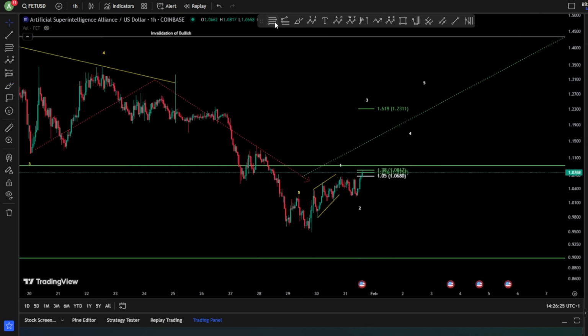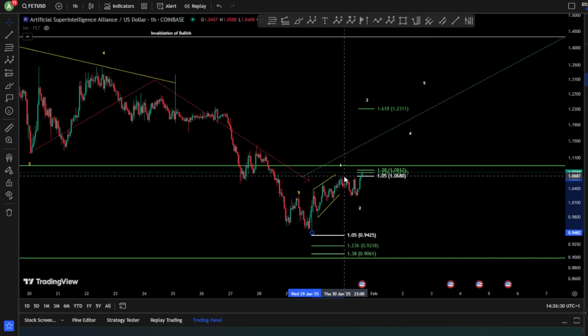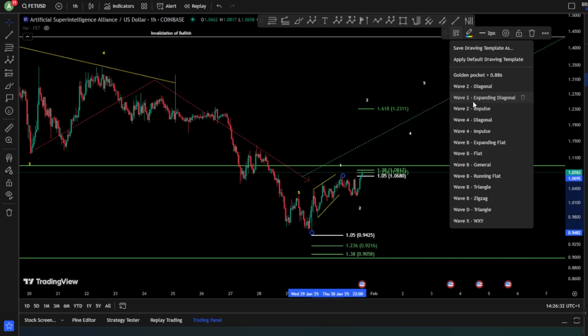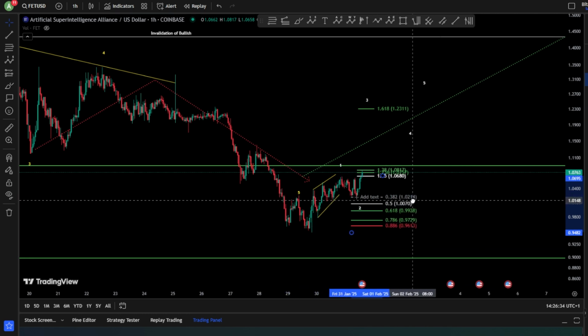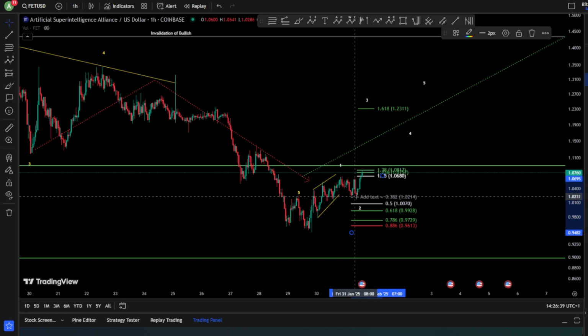Now your wave 2 here has almost reached the fib level for a wave 2, and an impulse has reached 0.38, which is the minimum requirement. It did not touch it yet.